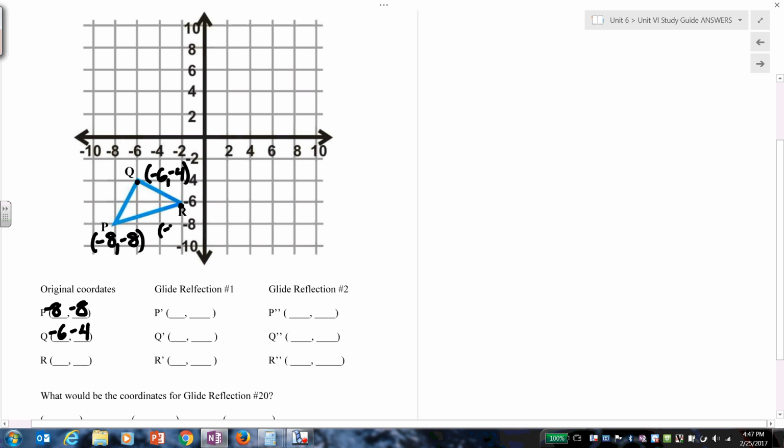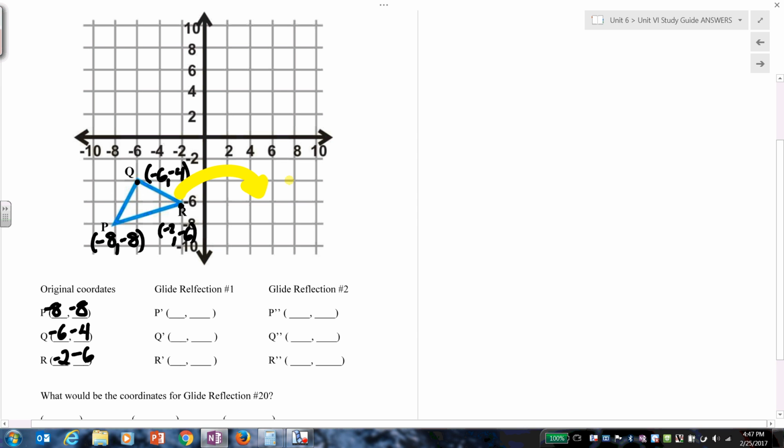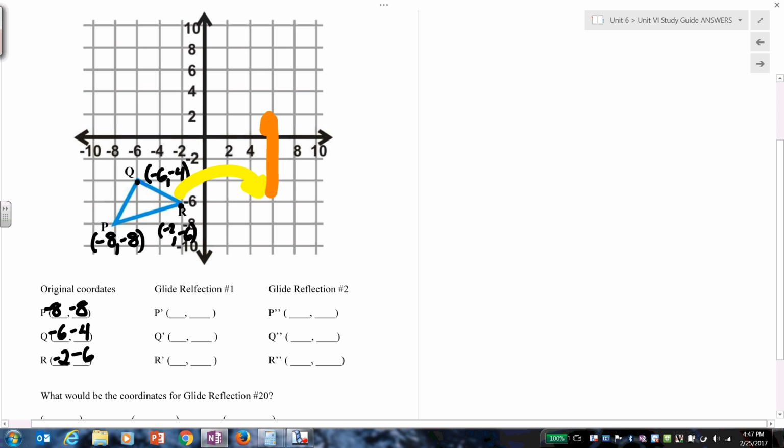And R is at (-2, -6). We want to reflect over the y and translate by 3 units up. So to reflect over the y means we're going this way. And then 3 units up means we're shoving upward that direction. So just get in mind the direction of the motion that we're going.